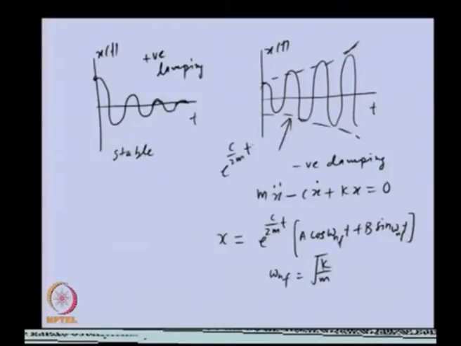And for the stable system, we have our equation of motion like this, and in this case the exponent will be minus c by 2m t, and this term is exactly the same as this one.